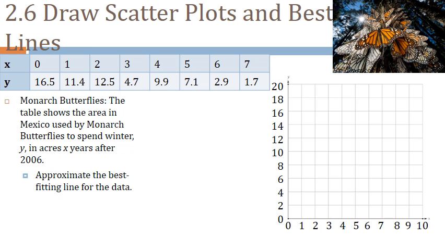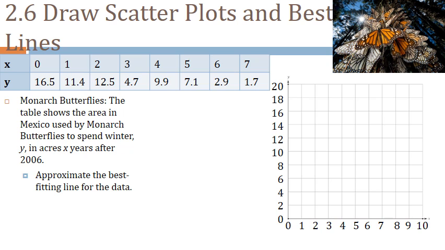So here's an example. Monarch butterflies. Every year the monarch butterflies fly south to Mexico for the winter. And the area they have been using to winter in has declined.